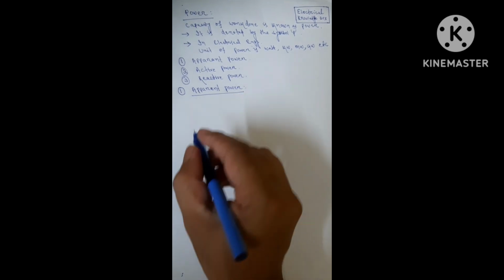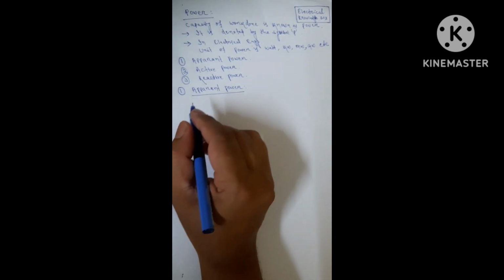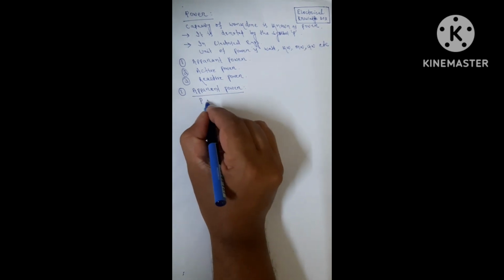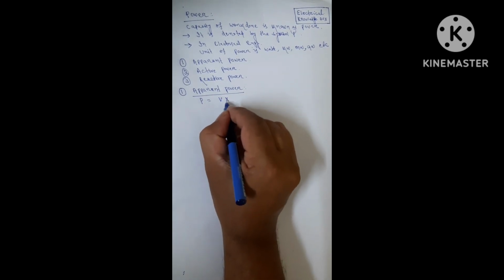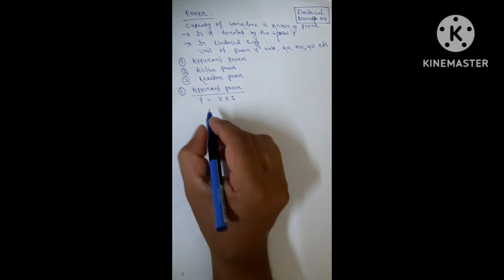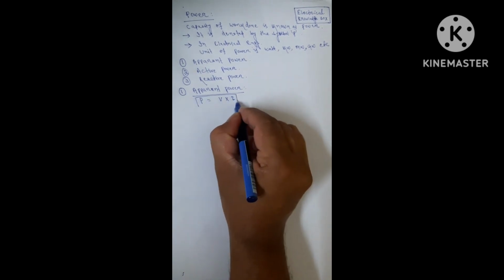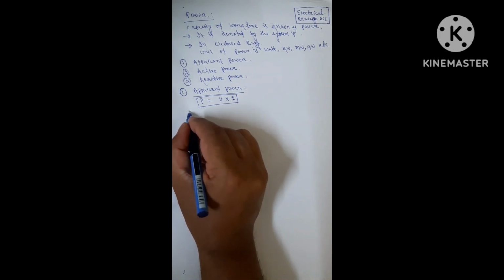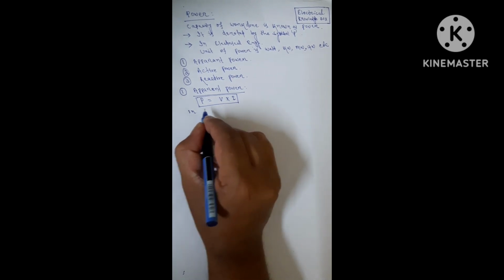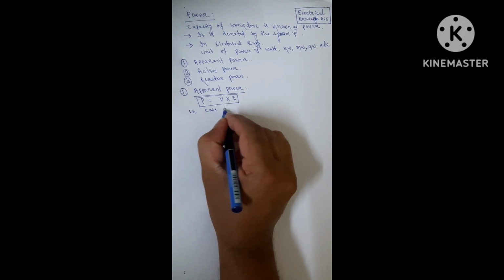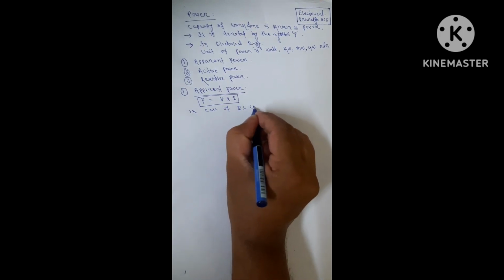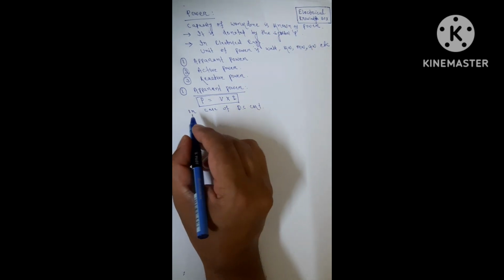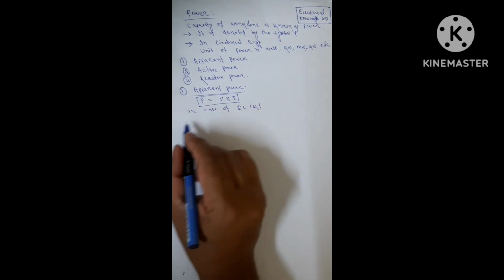Now this apparent power is the multiple of voltage with current. This is your power, in case of a DC circuit. Now this is your angle between voltage and current.